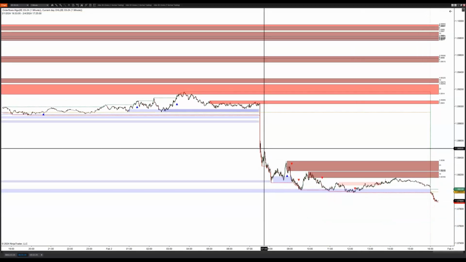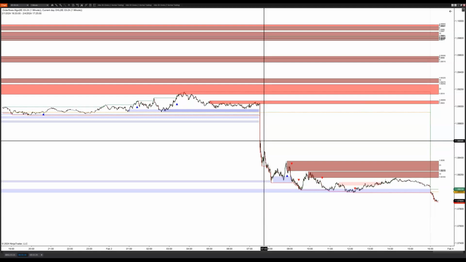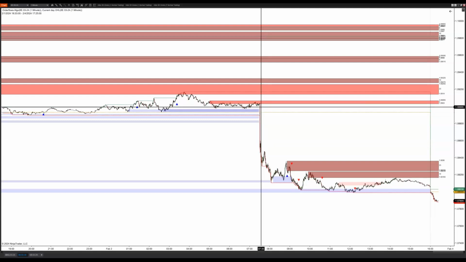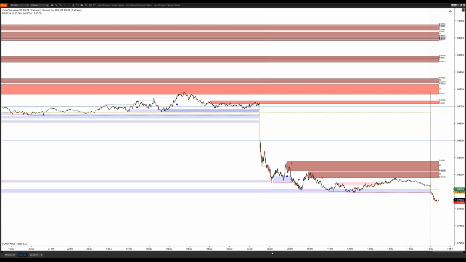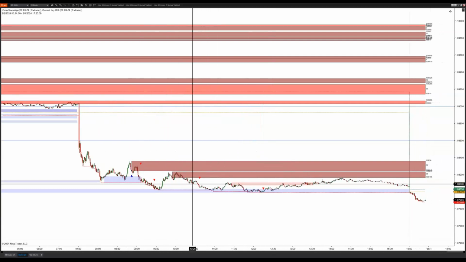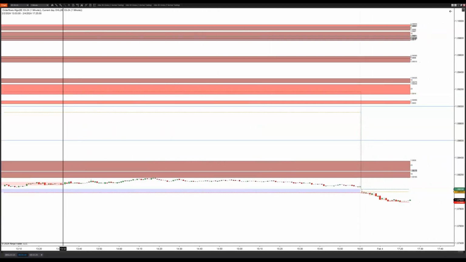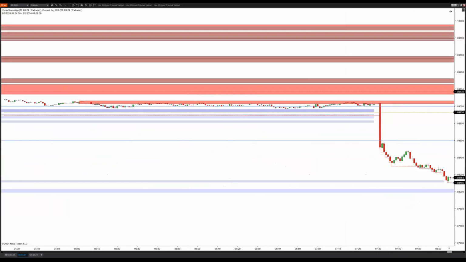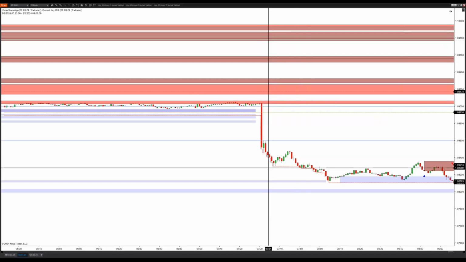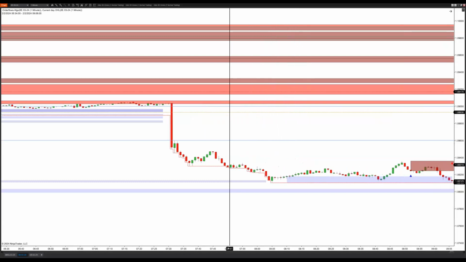I see guys do this a lot. They'll say, oh, look at this, you got a big zone. This is Friday. It's hard to see this bar, let me just open up this chart really quick. Where are we here? So here's the bar.